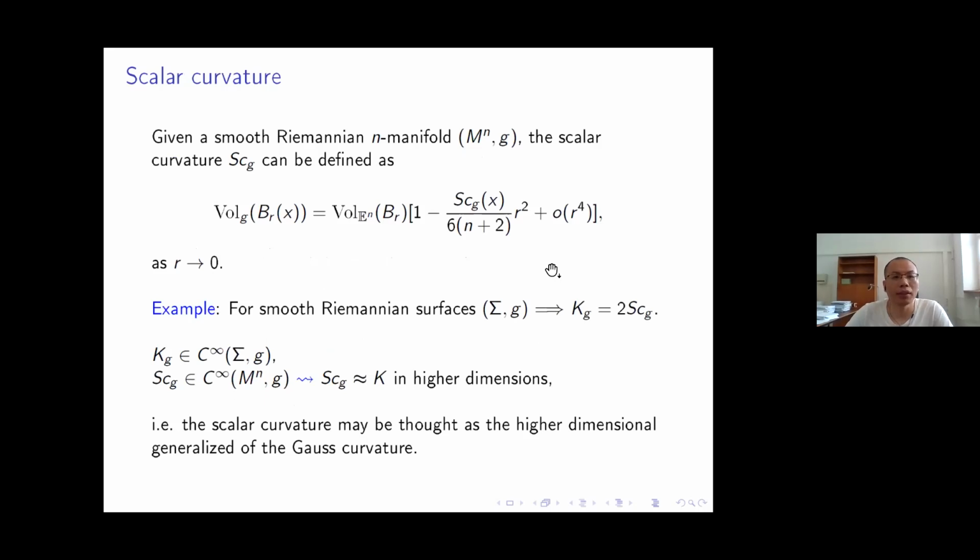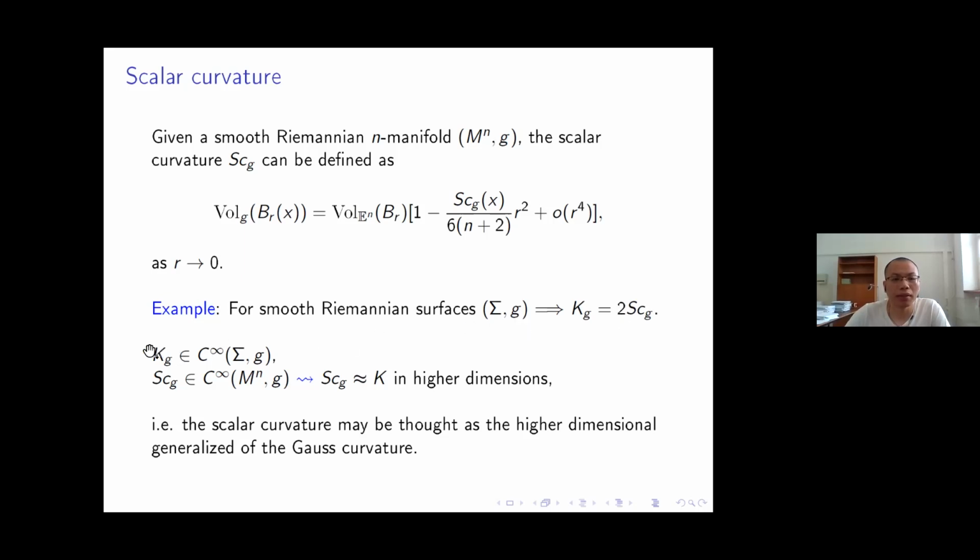First, let me recall the definition of the scalar curvature. Given a smooth Riemannian manifold, the scalar curvature can be defined by this formula, and we can see that the scalar curvature affects the volume of the small ball. In two dimensions, the scalar curvature is the Gauss curvature up to a constant.